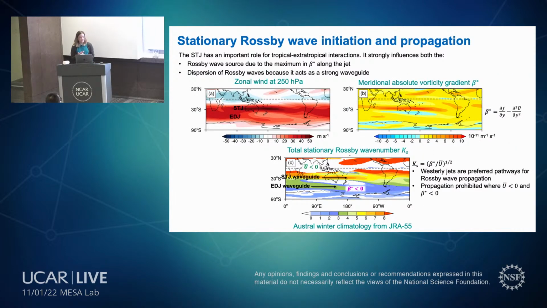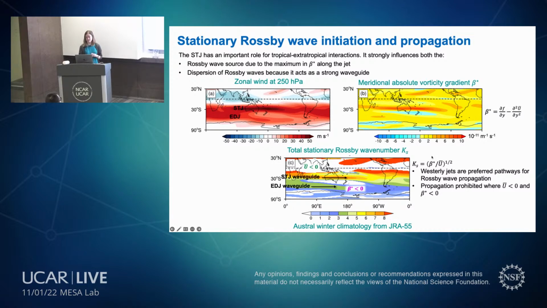So as I mentioned, the subtropical jet has an important role for these tropical to extratropical interactions because it strongly influences both the Rossby wave source initiation as well as the dispersion of Rossby waves. And so we can get sort of an idea of what this looks like by looking at the total stationary Rossby wave number.